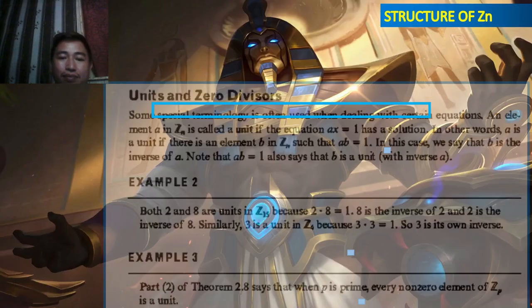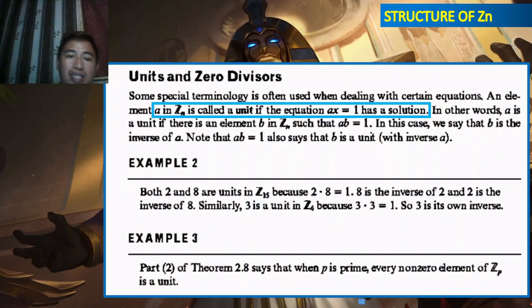Next class, now the units and the zero divisors. So some special terminology is often used when dealing with certain equations. So sa Zn class, tagal mo ka ng overview daan. Si zero diha, wala na siya appeal sa units o sa zero divisors. So, example Z5, so 1, 2, 3, 4, may appeal si zero.